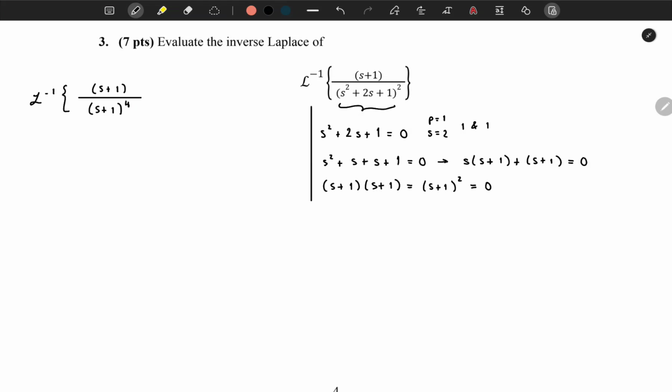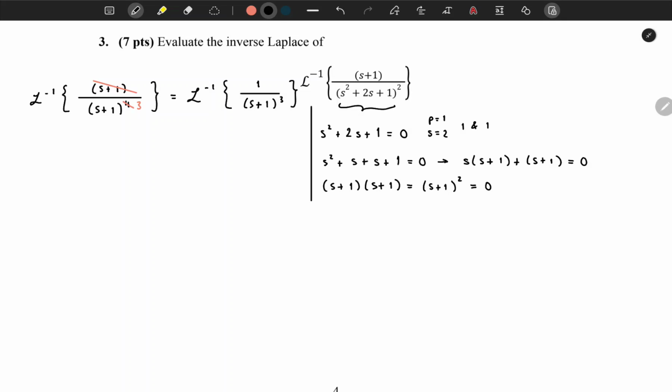And so we can cancel one out since they're the same thing, and we're left with the Laplace inverse of 1 over s plus 1 cubed.